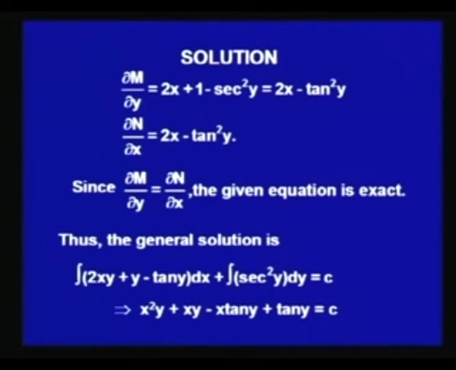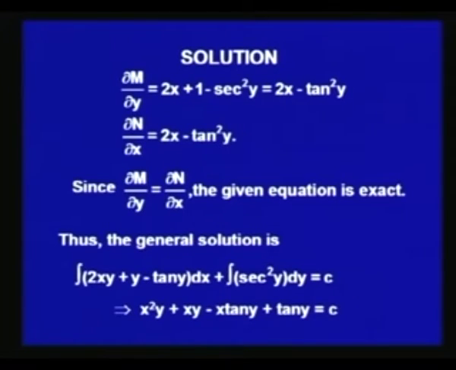So, they are both equal, and therefore, the given equation is an exact differential equation, and hence the general solution of the differential equation will be integral of M, that is integral of (2xy plus y minus 10y) dx plus integral of those terms of N which do not contain x, that is integral of sec square y dy equal to c.